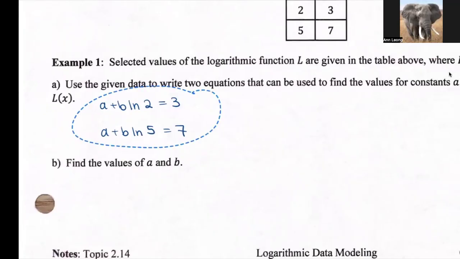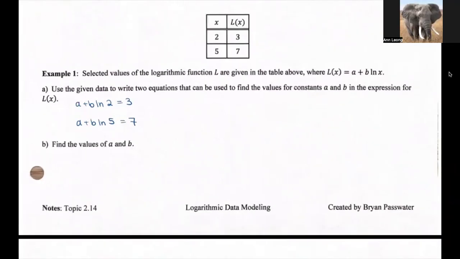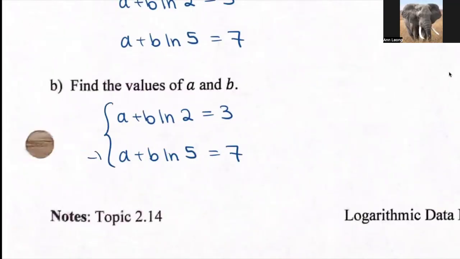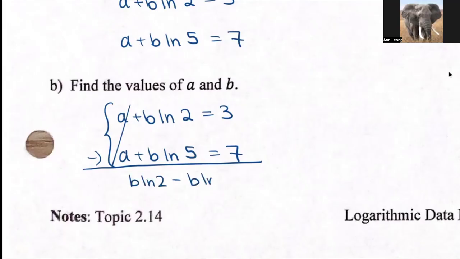I'll just copy and paste this down. Set up a system and solve for A and B. Paste, there it is. So the A's look like they are easy to eliminate. So let's go ahead and subtract those. So you get B ln of 2 minus B ln of 5 is equal to -4.